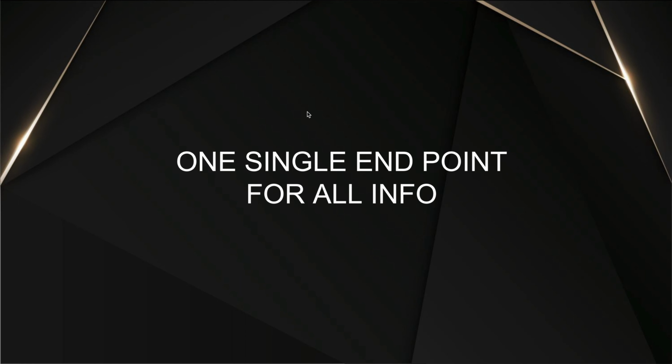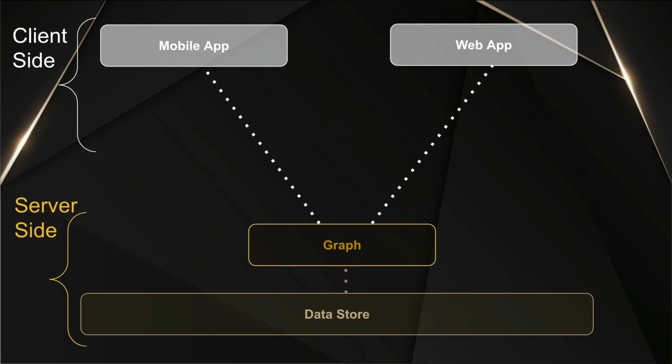Alright, so the main takeaway here is that GraphQL lets you pick and choose which fields you want to see in your response, and it also provides one single endpoint for all information from the client's perspective. So this is what the architecture looks like.